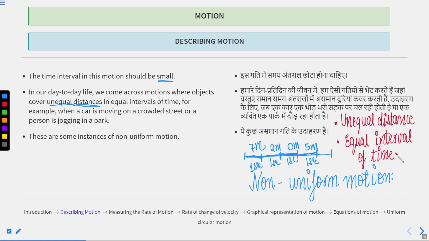Okay class, so this is the definition of non-uniform motion, and I have given you an example of non-uniform motion.